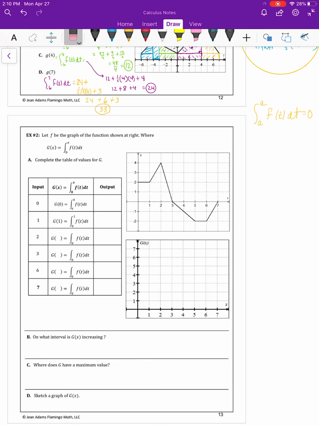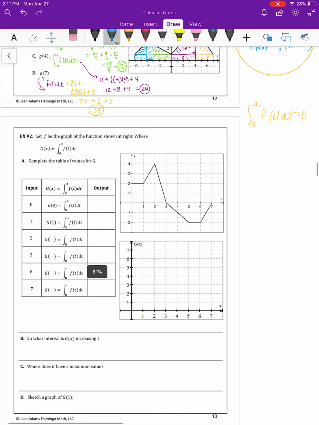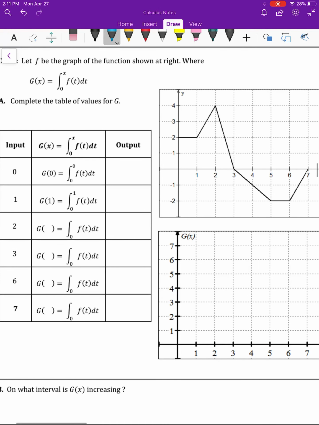So when we go to look at our input for this, with our g of x being the integral from 0 to x of f of t dt, if I put a 0 in, g of 0 is from 0 to 0, my output is going to be 0 because I'm going nowhere. I don't calculate anything under that curve.